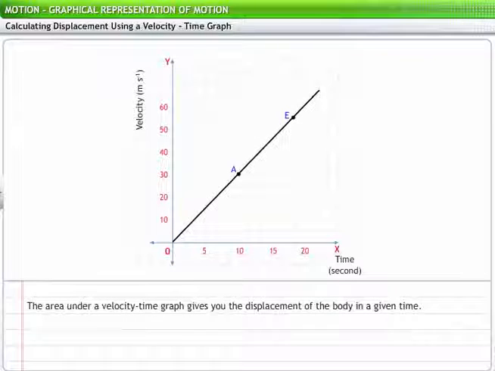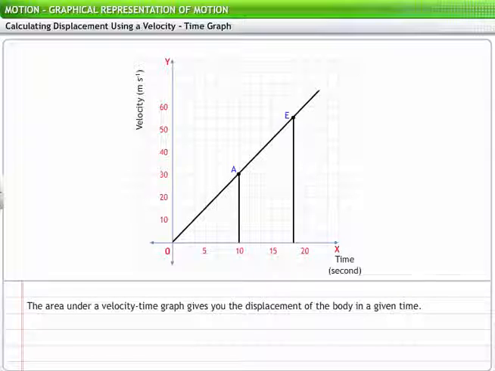Similarly, you can also determine the displacement of a body moving with uniform acceleration. Consider the velocity-time graph. To determine the displacement of the body between points A and E, from both points A and E, draw two lines parallel to the y-axis, intersecting the x-axis at points B and C respectively.